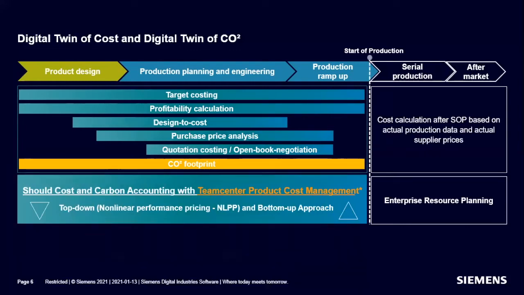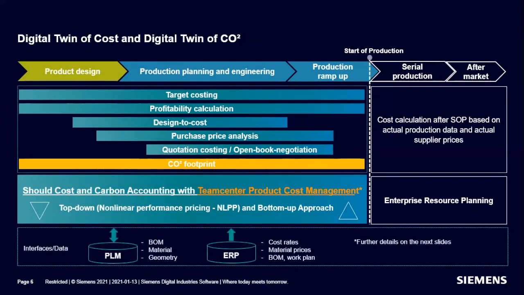TCPCM is also a solution that is integrated with PLM and ERPs and BIs, so this allows the digital twin to have a mirrored data set. You will start with a BOM or a material or a BOP, or a similar product you've done, or the cost rates of your internal plants.